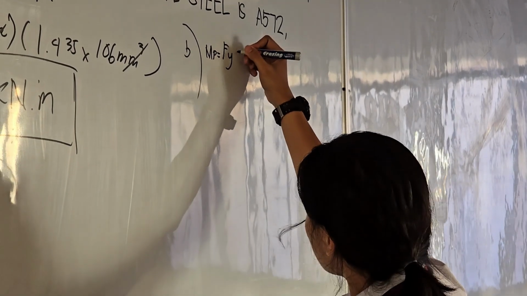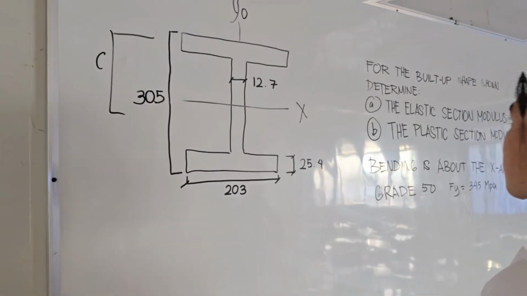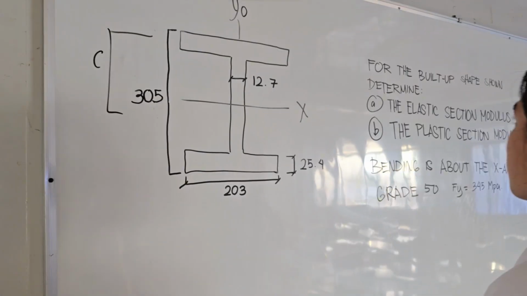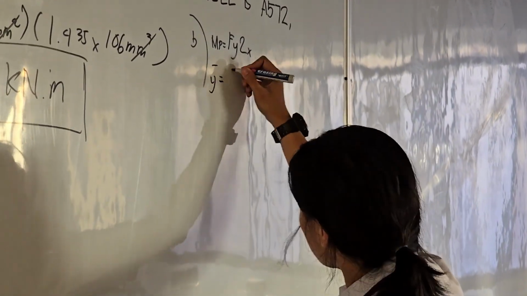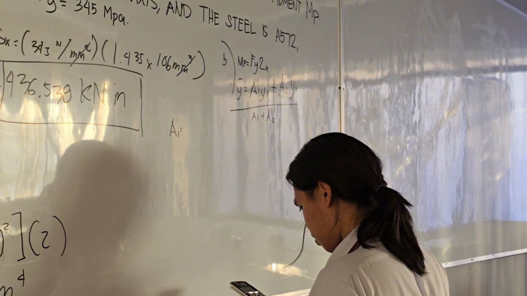The formula is MP equals Fy times Zx. Since the figure is symmetrical, the NA is also the plastic neutral axis, or NAP. Now what we have to do is get the overall centroid of the upper section with respect to X sub O, which also means we will only solve for one Y bar. Calculate 152.5 minus 25.4. The distance is 127.5 mm. To solve the Y bar, the formula is area 1 times Y bar 1 plus area 2 times Y bar 2 over area 1 plus area 2.